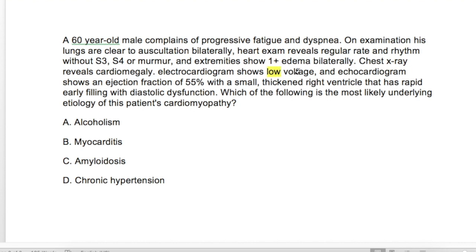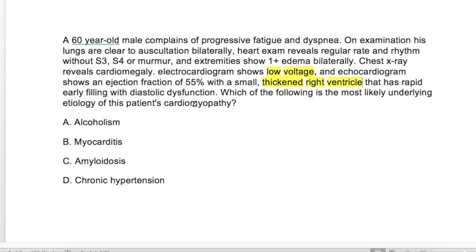EKG shows low voltage. An echocardiogram shows an ejection fraction of 55% with a small, thickened right ventricle that has rapid early filling with diastolic dysfunction. Which of the following is the most likely underlying etiology of this patient's cardiomyopathy?